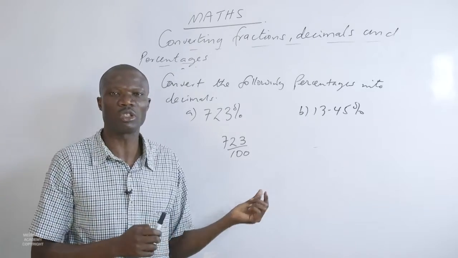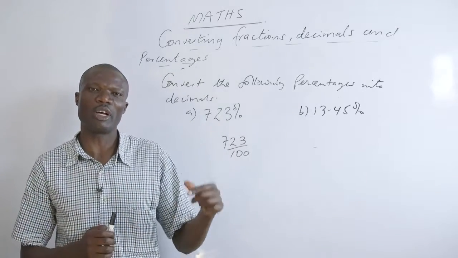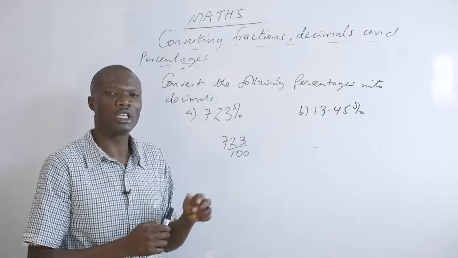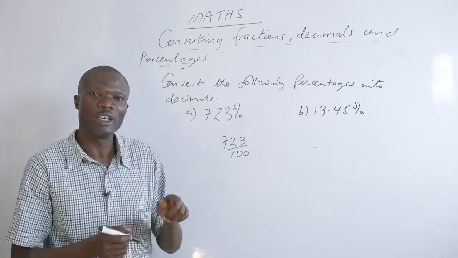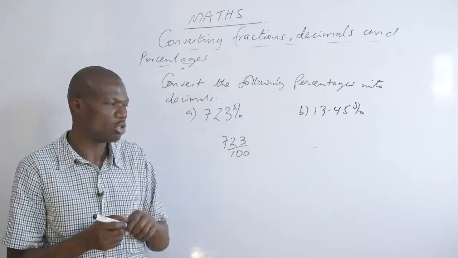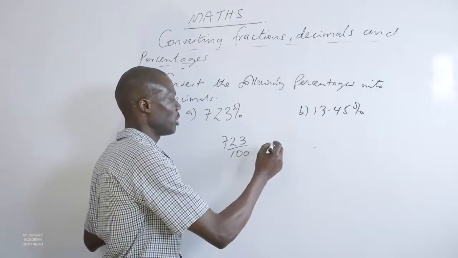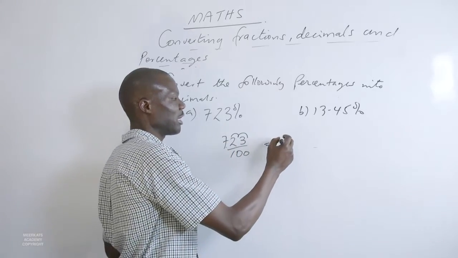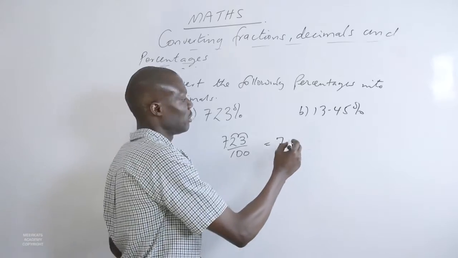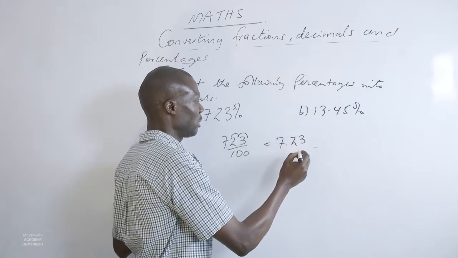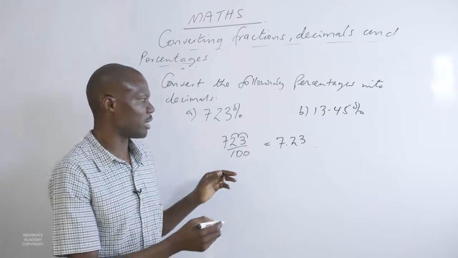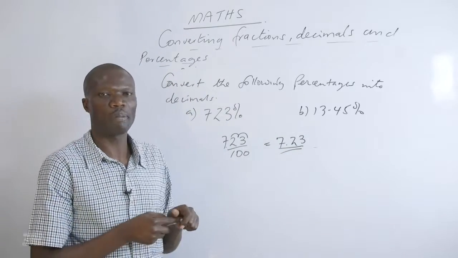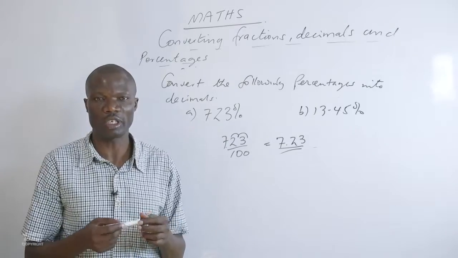We have 2 zeros, that is for the 100. So when you divide by 100, I expect you to move the decimal point of the 723 to the left. How many steps? 2 steps. So when you move 2 steps, you'll stop somewhere there. So it will be 7.23, and that is our decimal notation of the percentage 723.